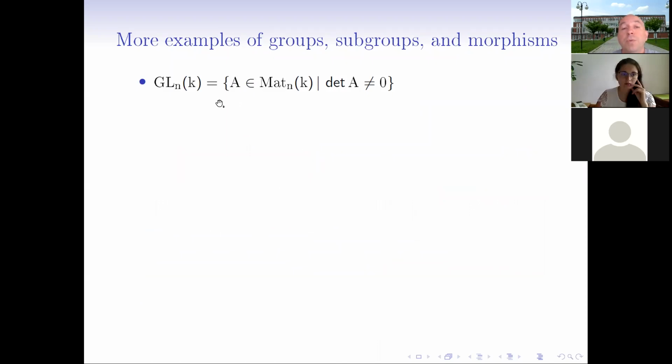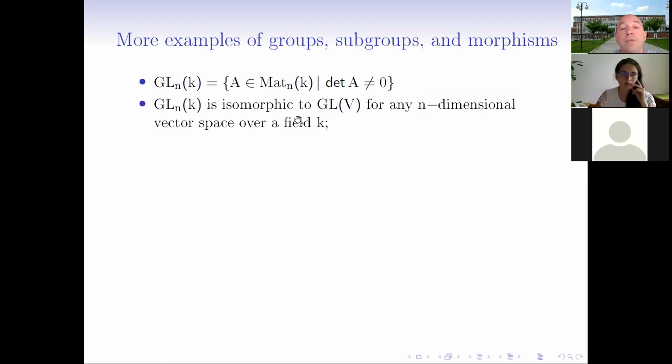Well, now we can relate everything to matrices, for instance, because matrices are very convenient to work with. Let's look at GL(n, K) over the field K, which consists of all n by n matrices whose entries are elements in the field K, such that the determinant of A is not 0. And you can see it's a group. Now if you take any n-dimensional vector space over a field K, then one can find an isomorphism between GL(n, K) and GL(V).